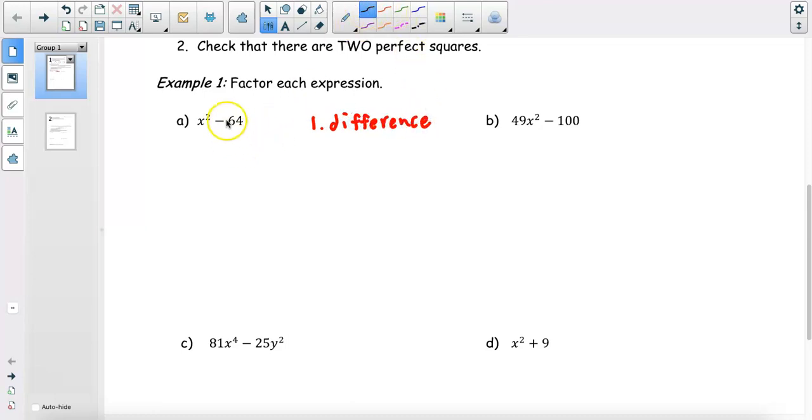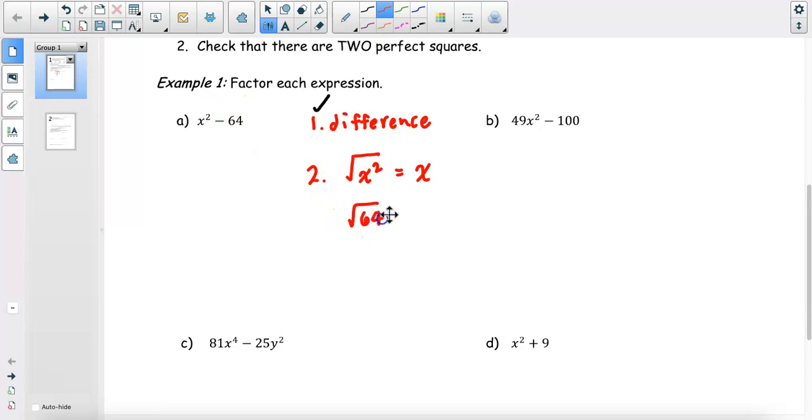We can clearly see that there is that minus sign, so yes, that checks out. So now we're going to take a look to see if in fact this is a perfect square and this is a perfect square. So what we do to do that is we take the square root of this first term. When we do that, we get a nice value of x, and we take the square root of the second term.